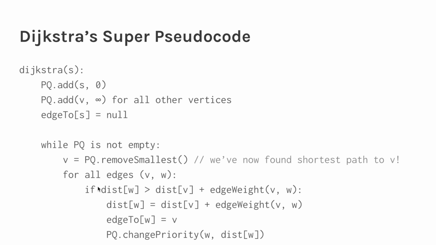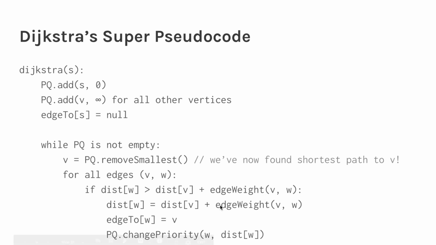We look at the current distance from the start node to that neighbor, and you see if the distance to the current node we're visiting plus the edge weight from that node to the neighbor, if that sum is less than the current value of the distance of the neighbor, then we're going to update the distance to that smaller value.